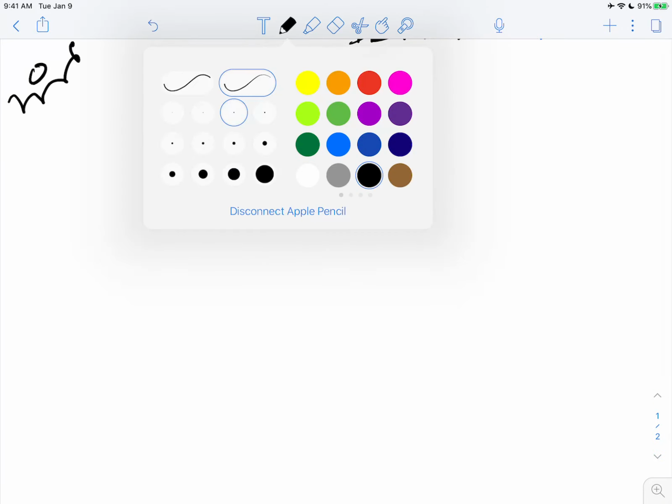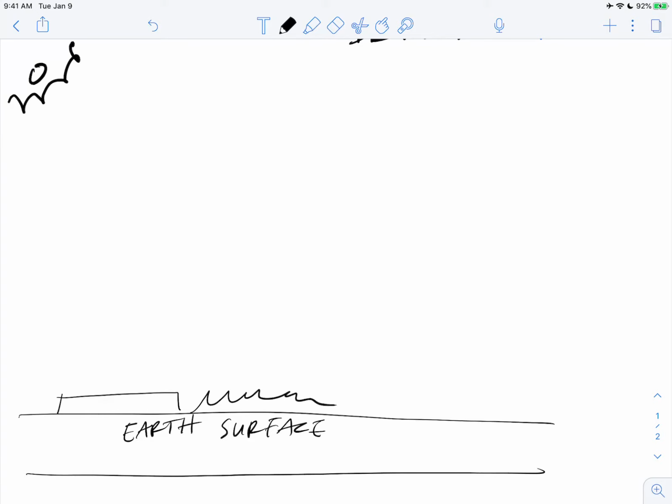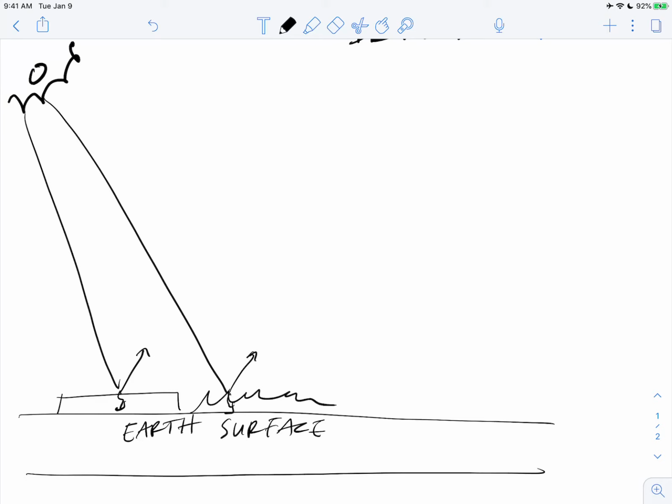We still have the Earth's surface. We still have our snow, still have our water, and so we still have the radiation coming in, a little bit going in, but mostly reflected off our water and our snow.